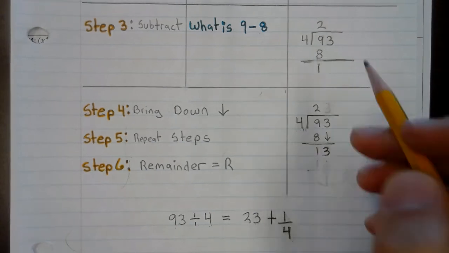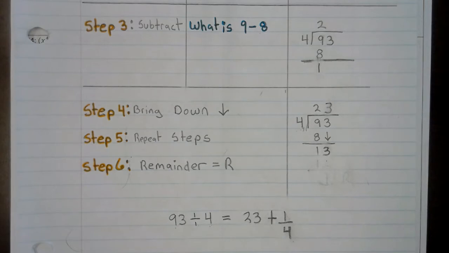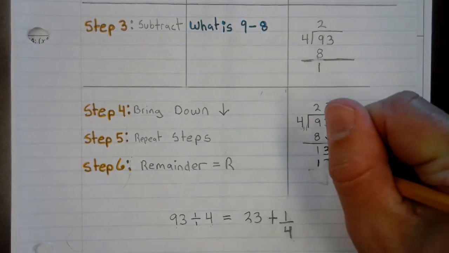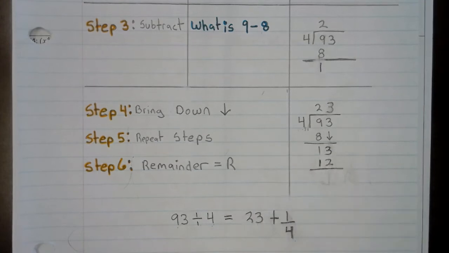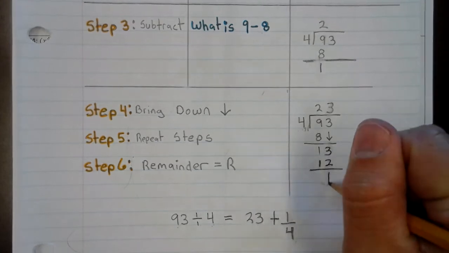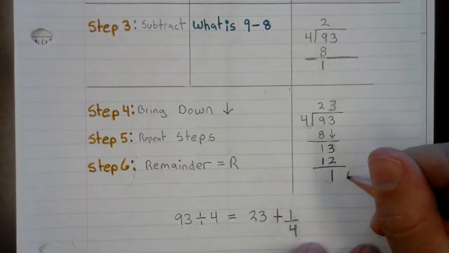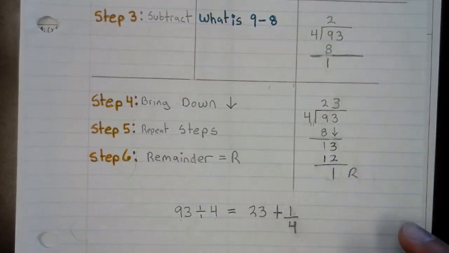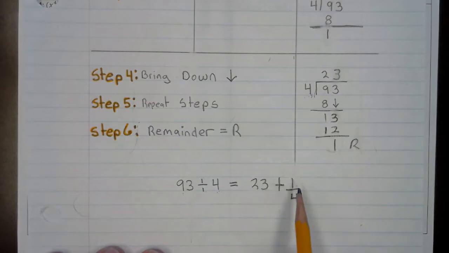The answer is 3. What is 4 times 3? That is 12. Then we say, what is 13 minus 12? That is 1. Now we see that our remainder is 1. So 93 divided by 4 is 23 plus 1 divided by 4.